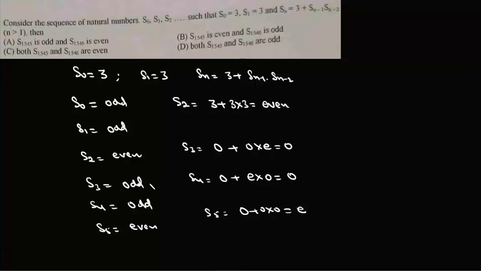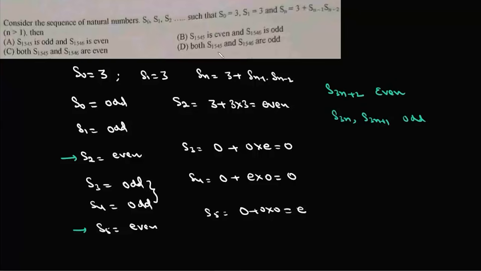So we'll get even if and only if the previous two terms are odd. We'll have this series where S2 is even, S5 is even. So basically S(3n plus 2) is even, and if the index is a multiple of 3 or of the form 3n plus 1, then it will be an odd number.